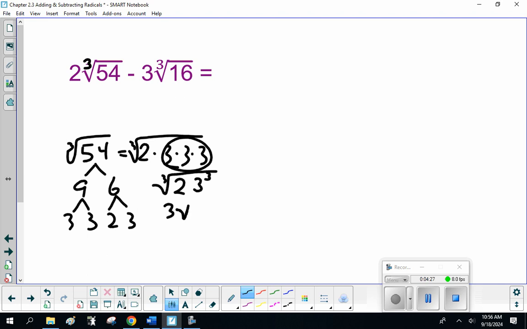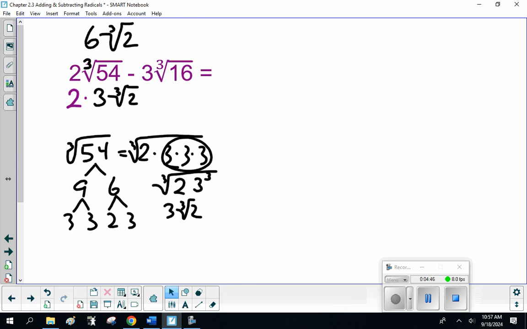So this would be 3 cube root of 2. So this is 2 times 3 cube root of 2, which is 6 cube root of 2.